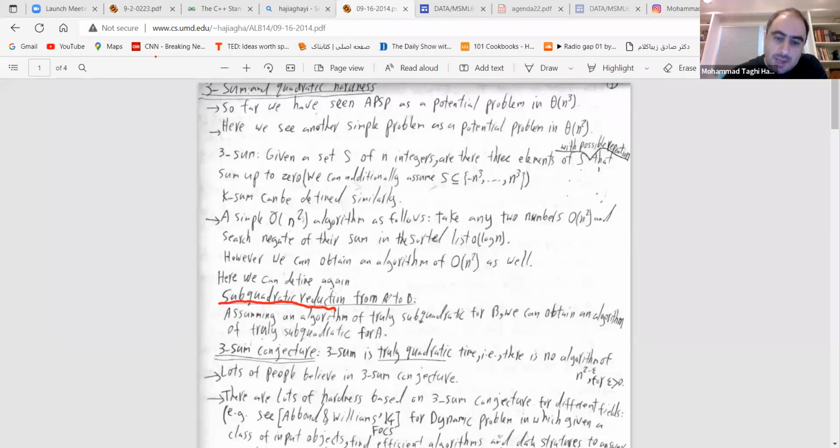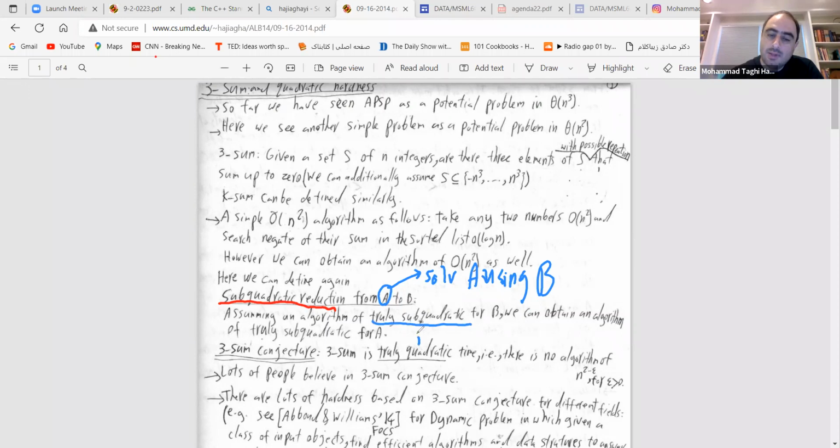Always when we say from A, it means that we want to solve A. So we want to solve A using B. So it means that if there is a truly subquadratic algorithm for B, then we can obtain a truly subquadratic algorithm for A.